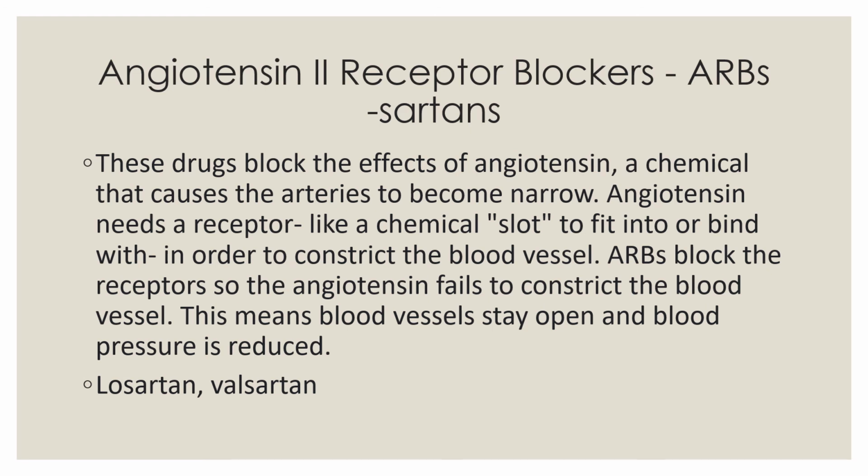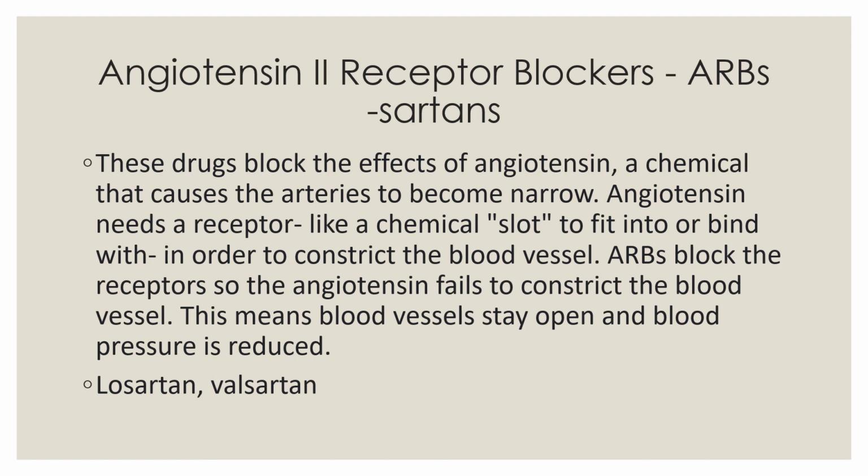Then we have our angiotensin 2 receptor blockers. So remember, our ACE inhibitors inhibited the conversion of angiotensin 1 to angiotensin 2. Well, these drugs, the angiotensin 2 receptor blockers, block the action of angiotensin 2 on the blood vessels. So it blocks vasoconstriction, allowing them to remain open to decrease the blood pressure.